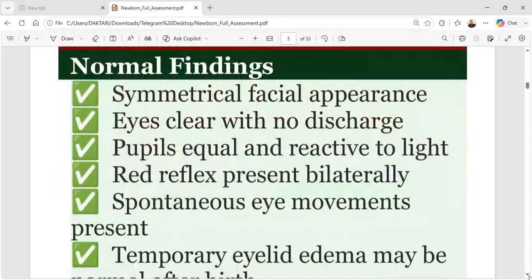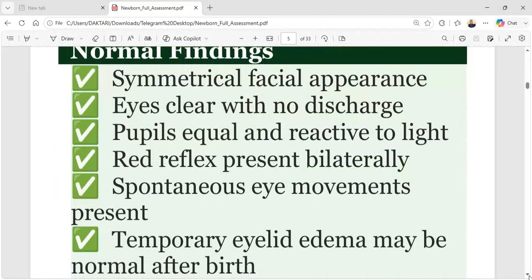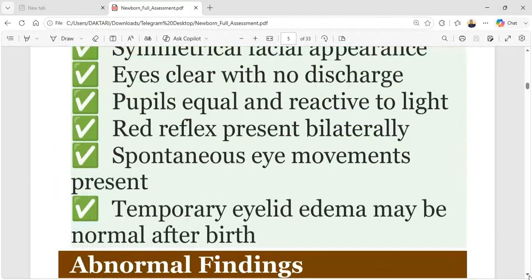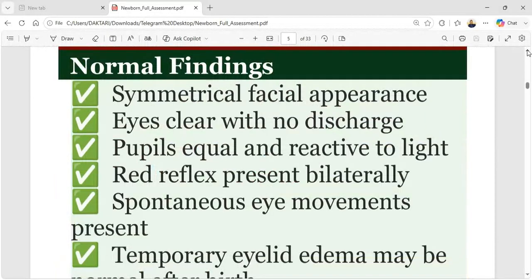Normal findings on the face: symmetrical facial appearance, eyes clear with no discharge, pupils equal and reactive to light, red reflex present bilaterally, spontaneous eye movement present.